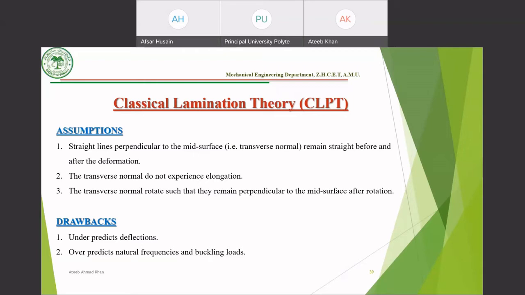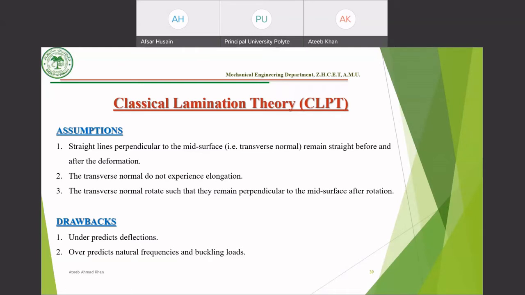The reason for that is it is giving you an over stiff structure. It is increasing the stiffness of the structure beyond the actual stiffness, and because of it, it is under predicting deflection and over predicting the natural frequencies.